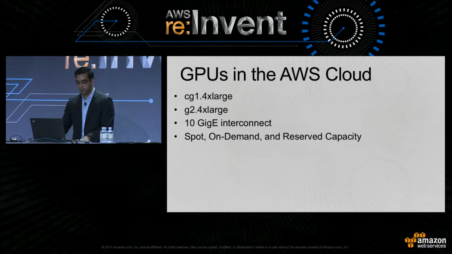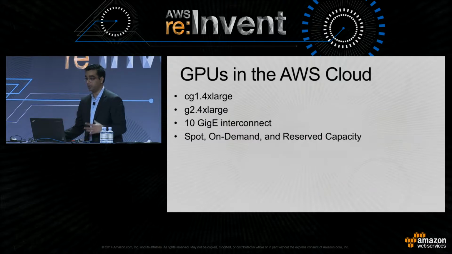So these GPUs are available in Amazon, in AWS, which is a very interesting opportunity. There are two instance types currently, CG1 4x large, an older model, and G2 4x large. These are available on a 10 gig interconnect.